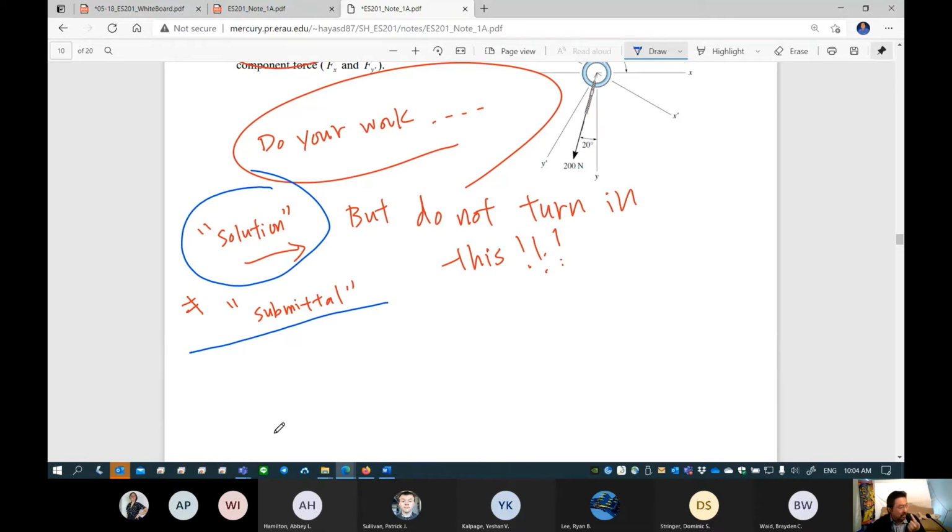That's me. Suppose you do something that could be the right thing, but I have no clue what you did. How can I give you an assessment? It's impossible. So make sure you understand your solution is not your submittal.